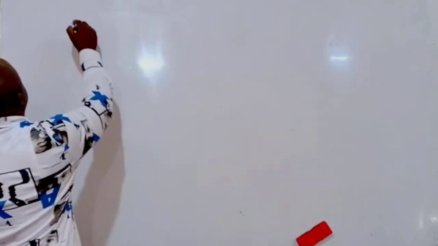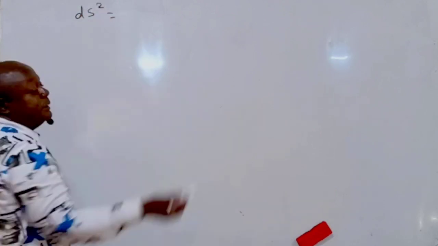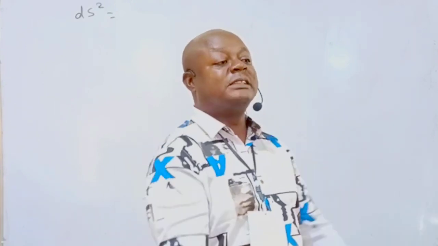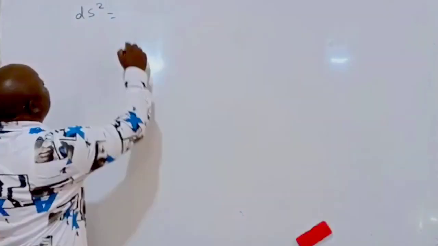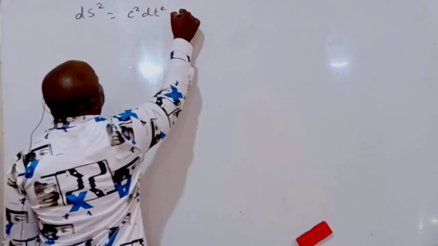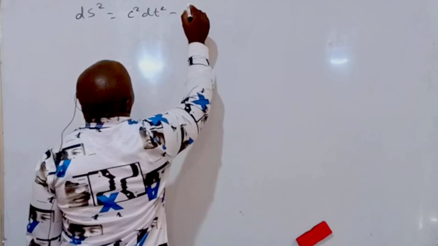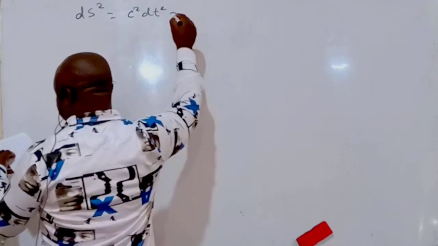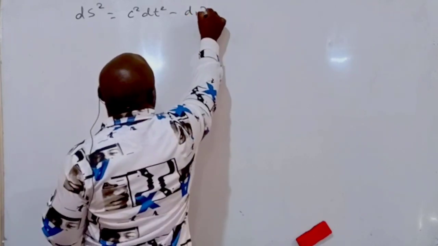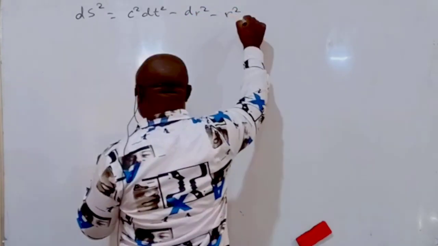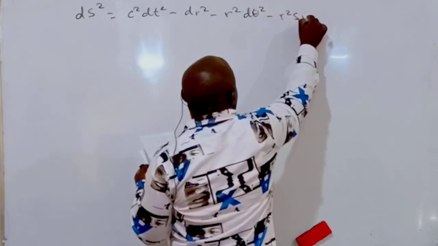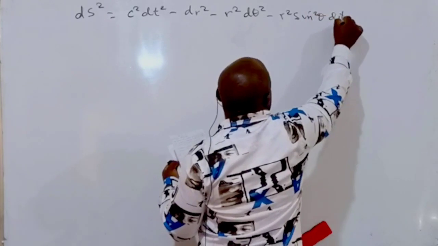So, what is our line element in empty space where there is no gravity? Our line element looks like this: c squared dt squared minus dr squared minus r squared d theta squared minus r squared sine squared theta d phi squared.